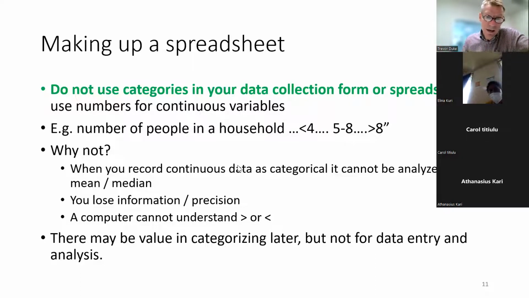And if for example you put these signs like a less than or greater than sign, a computer can't understand what that means. So you'll never be able to analyze that. You may want to categorize things later, number of people in the household or duration of cough or whatever, but not for data entry and the initial analysis. Do it later if you need to.